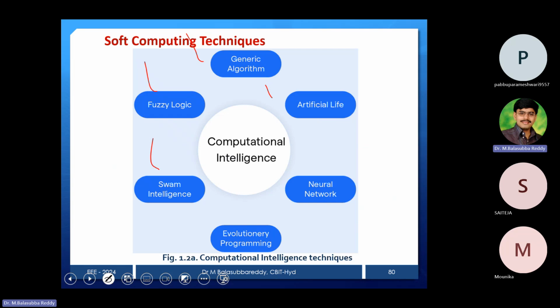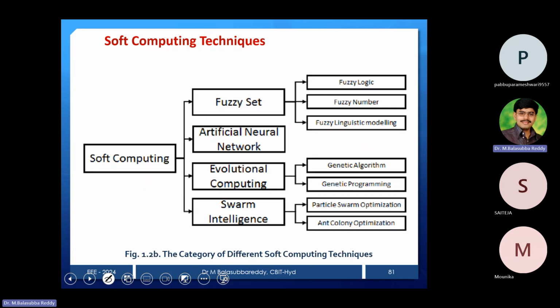As I said in the last class, instead of solving with one person, what we can do is make a group of agents, a group of individuals together, and they solve it. That we call swarm intelligence, and then neural networks, and then evolutionary algorithms. Like that, we have different kinds.